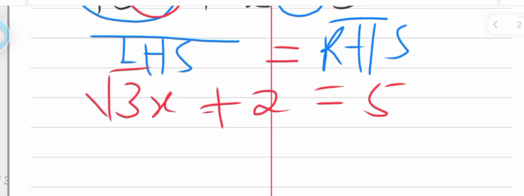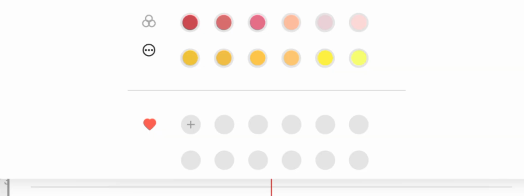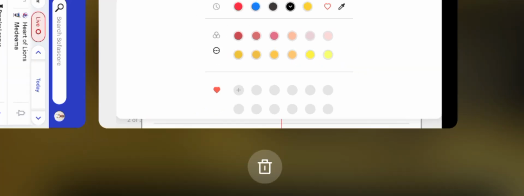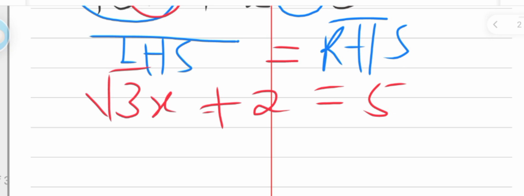Now to be able to solve this, what you do is that you group like terms. Remember, what we have here on the left hand side comprises a surd and a whole number. We cannot add these two because they are not like terms.